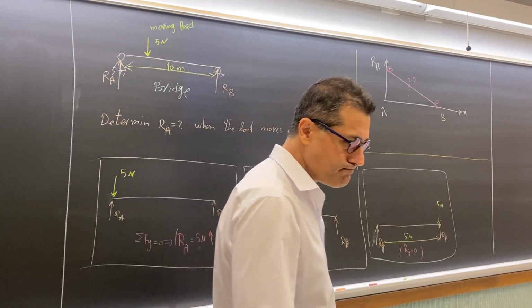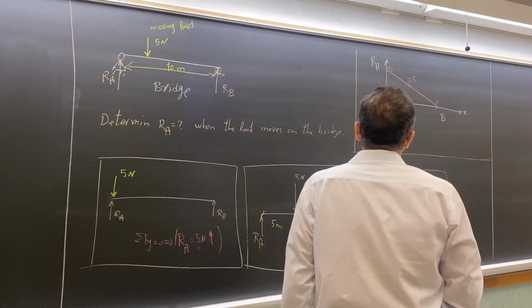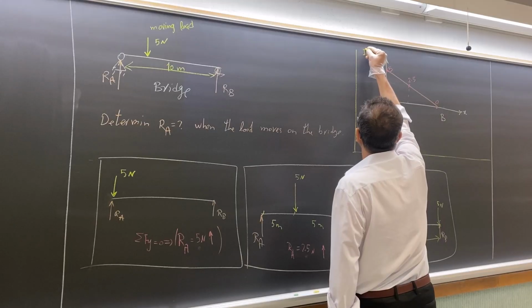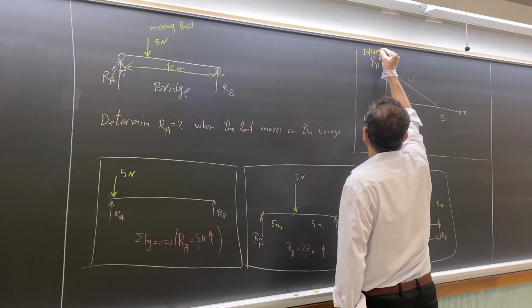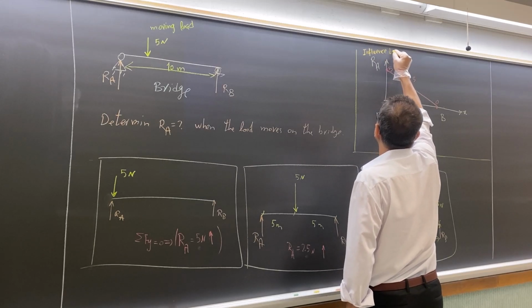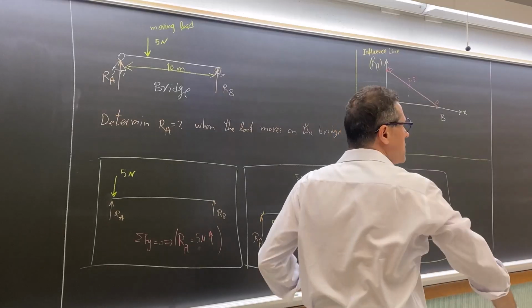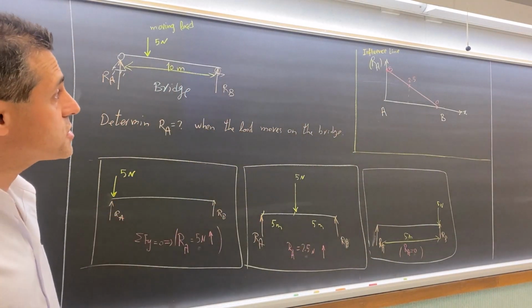I write influence line, but when it comes to influence line, it must be about a variable. The variable in this question is RA.